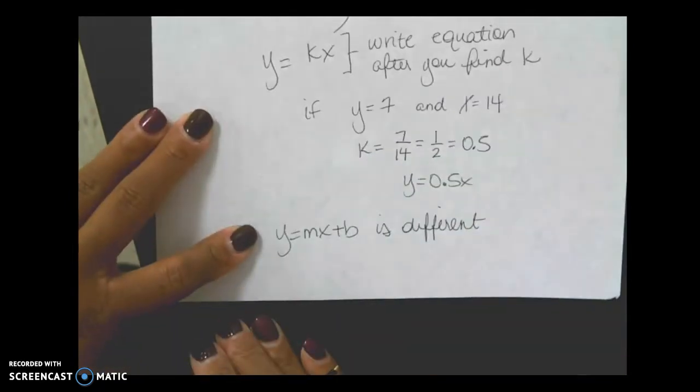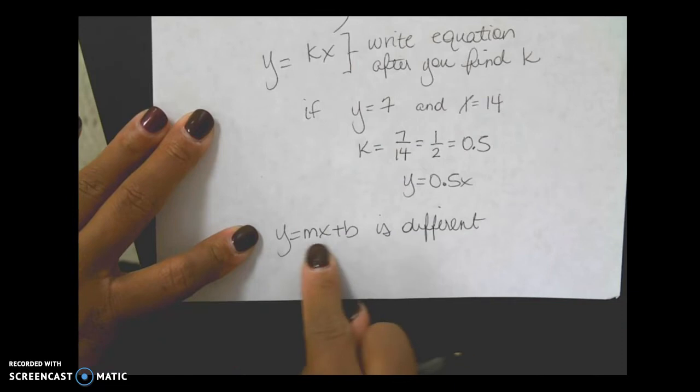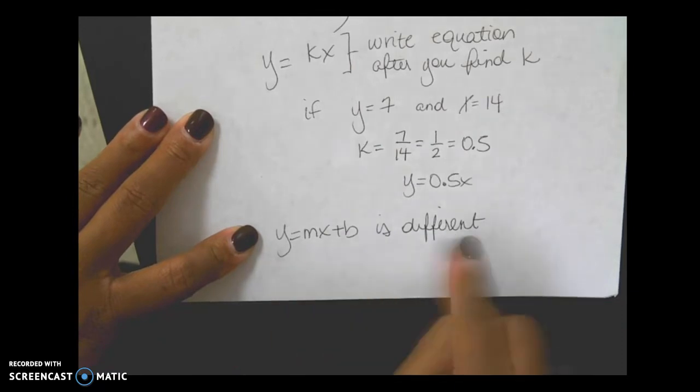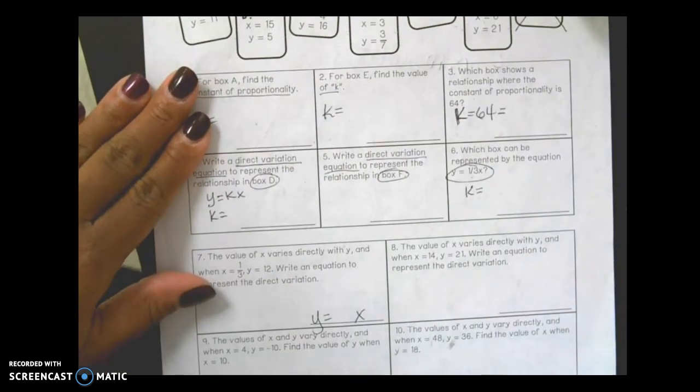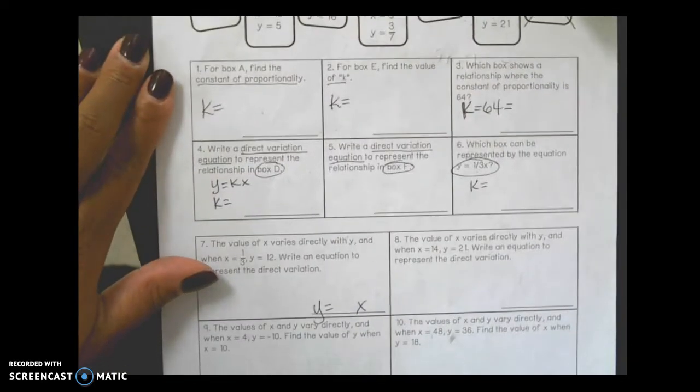Y equals mx plus b is different. So if you wrote y equals something x plus something, you got it wrong. If you're smart, you will go ahead and redo this on a separate sheet of paper, write the correct process down, and then come and turn it in tomorrow. Just a little piece of advice there, because I've already seen some of y'all writing them incorrectly.